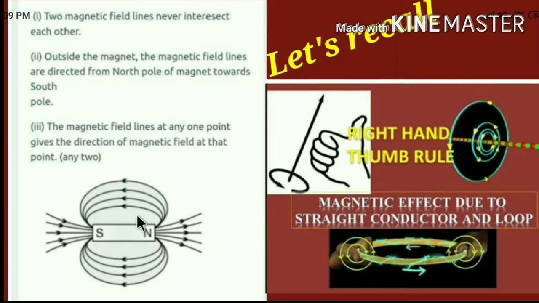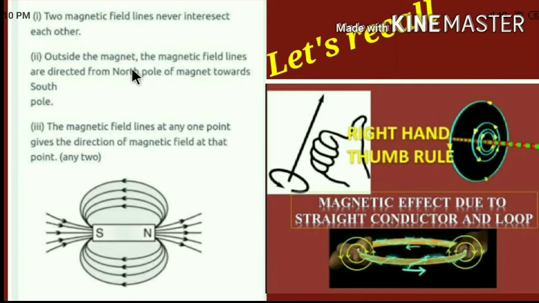Here this is a bar magnet, with north and south pole. So these are the magnetic lines of force. Two magnetic field lines never intersect each other. You can see in this figure that each and every line does not intersect the others.